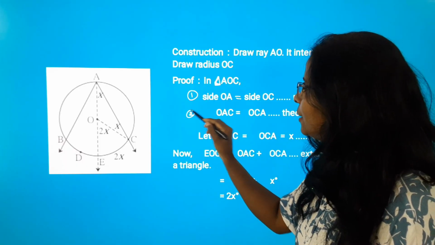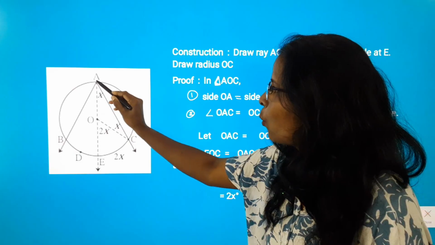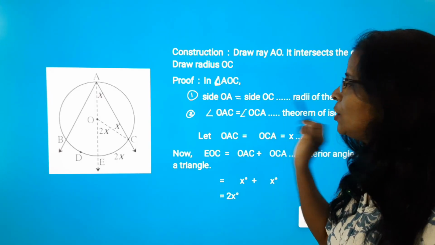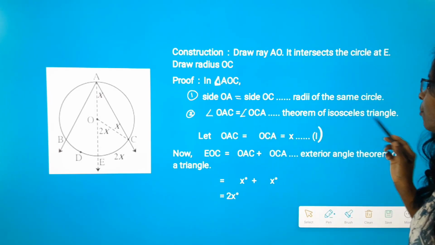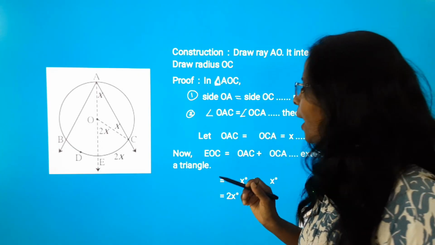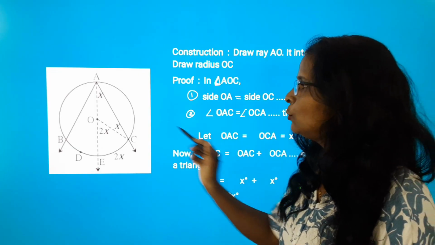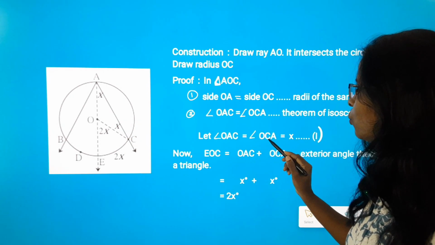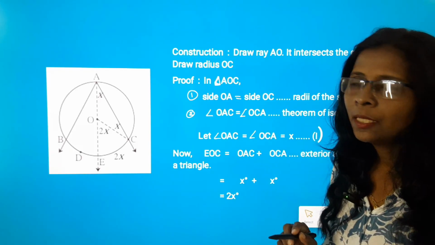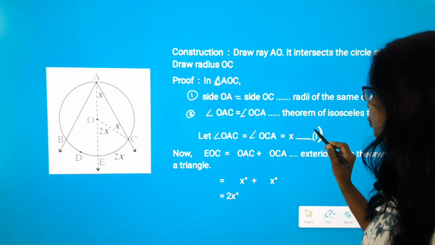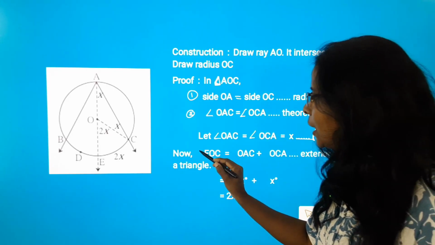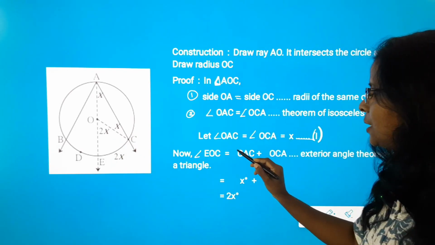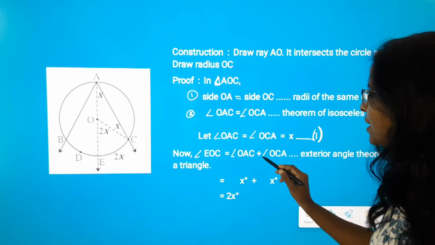Then the second: angle OAC is congruent to angle OCA, because of the isosceles triangle theorem. Now we consider that angle OAC is equal to angle OCA, which is equal to x, and call it the first equation. Then see here, angle EOC is equal to angle OAC plus angle OCA.